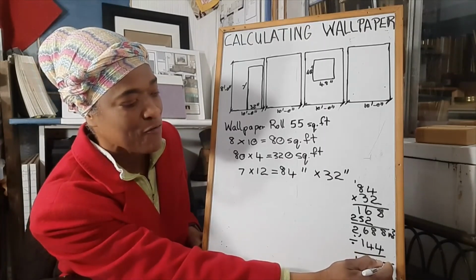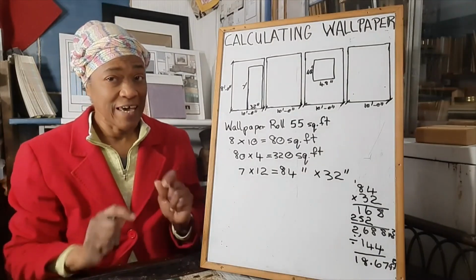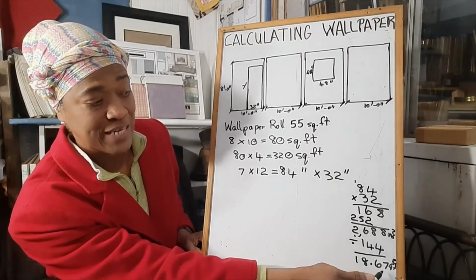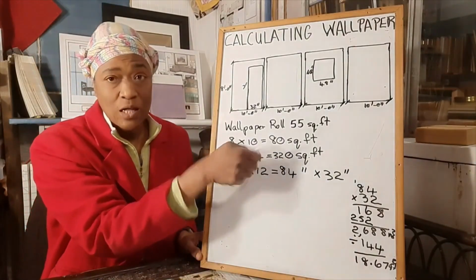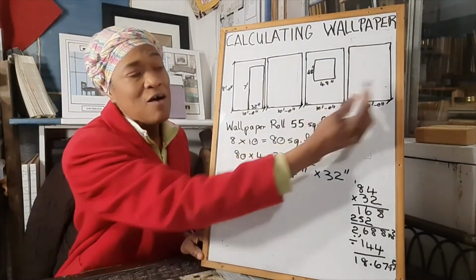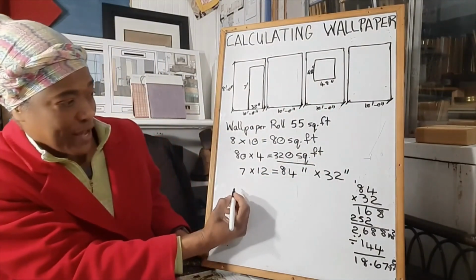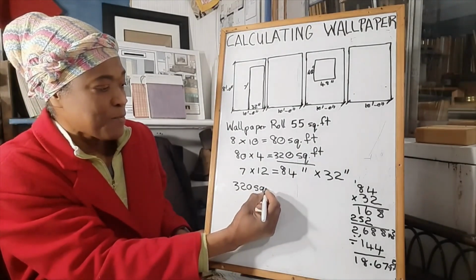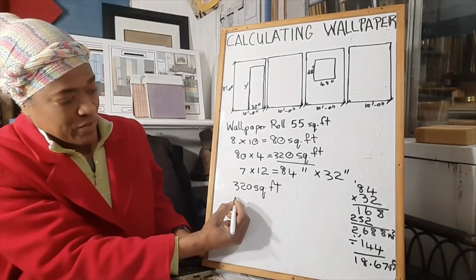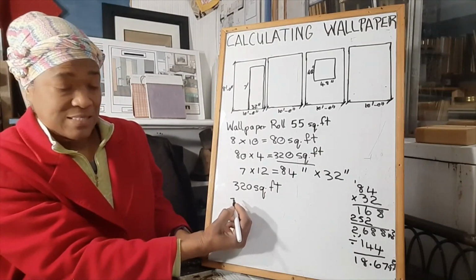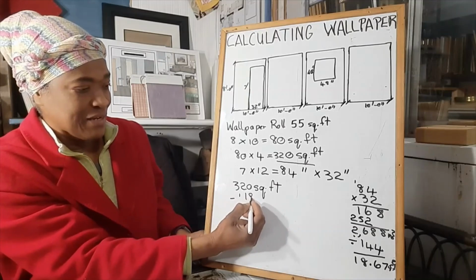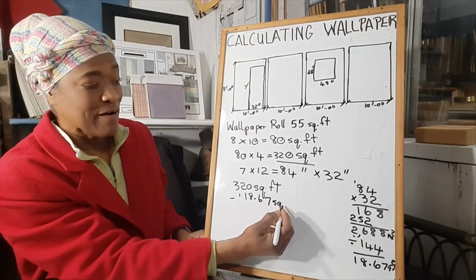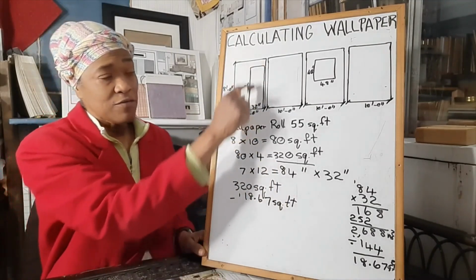So that's 18.67 square feet. What we do next is subtract 18.67 square feet from the total number of square feet that we have for the space. So that's 320 square feet minus 18.67 square feet, and that's for the doorway.